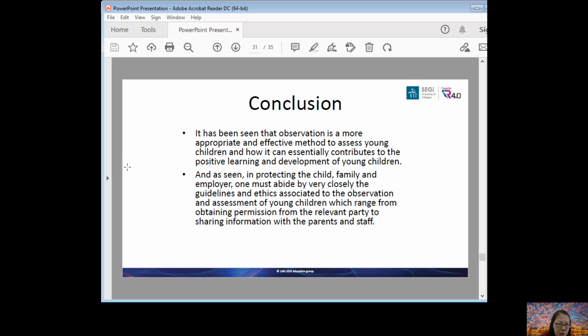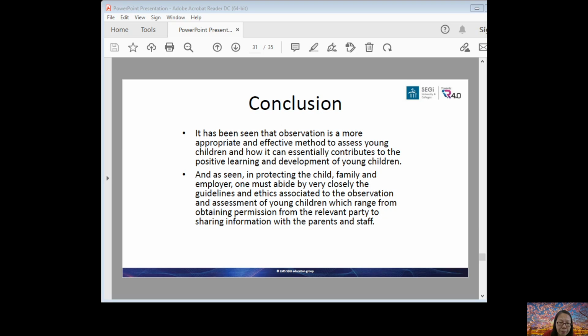So in conclusion, observation helps in positive learning and development. After doing the observation, why? We have a rationale, right? The rationale is to find out what's happened to that child and eventually to help the child in learning and development.